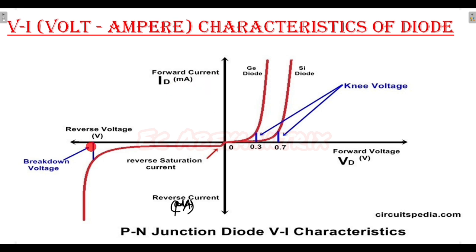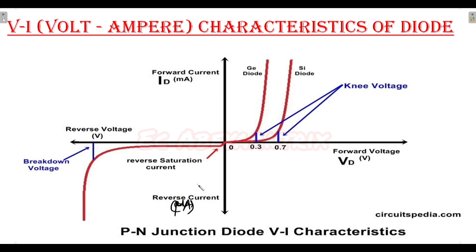And coming to reverse biasing mode, initially there will be a very small amount of current, and when the negative voltage exceeds a particular reverse voltage called breakdown voltage, then the diode starts conducting even in reverse biasing mode, but in the order of microampere only. That current is called reverse saturation current.